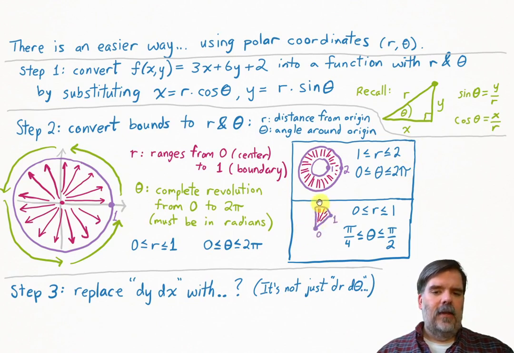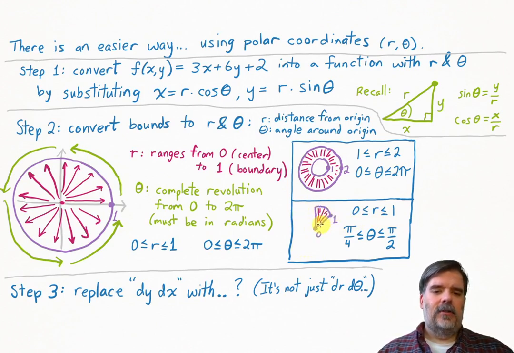A shape like this looks kind of like a slice of pizza or a wedge of pie. In this case, this is the shaded region here. The values of r, we start at the origin, so r starts at 0, goes all the way out to a radius of 1 at all points. So r goes from 0 to 1. But in this case, we're not going all the way around a circle.